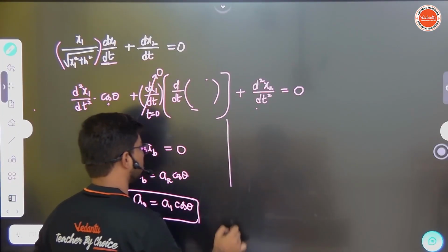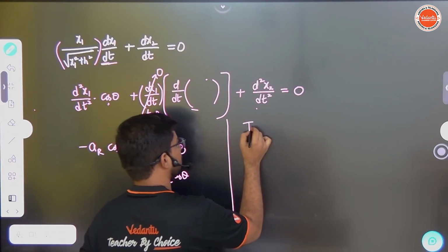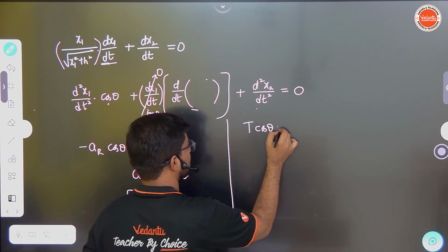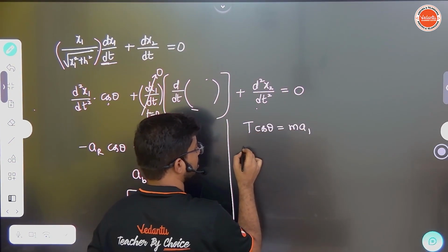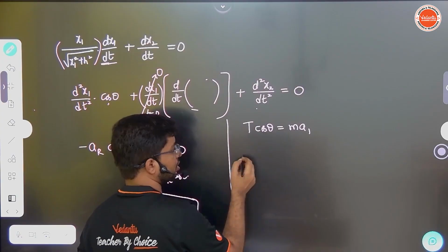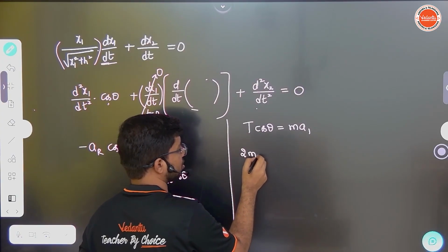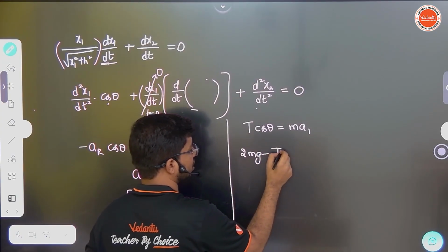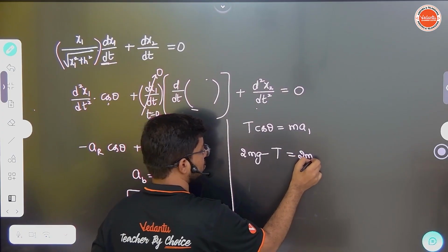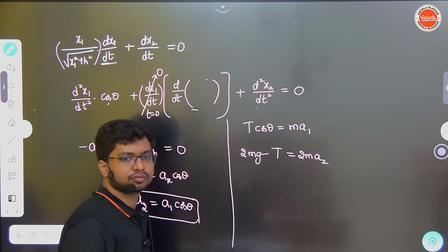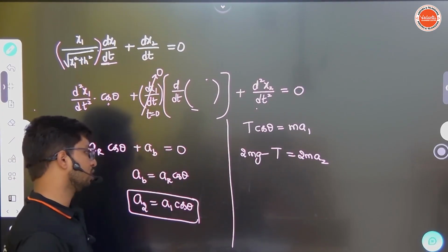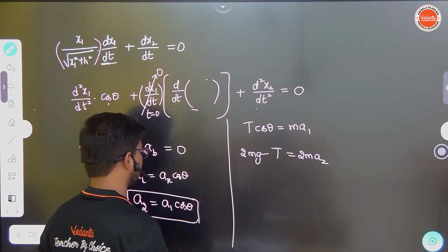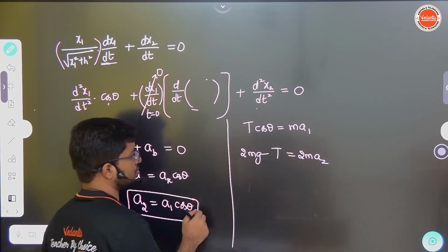What were the two equations that we got? One is T cos theta is equal to ma1 for the ring, and for the block 2mg minus T is equal to 2ma2. Clear? And we need to find all the unknowns. So let us do it one by one.